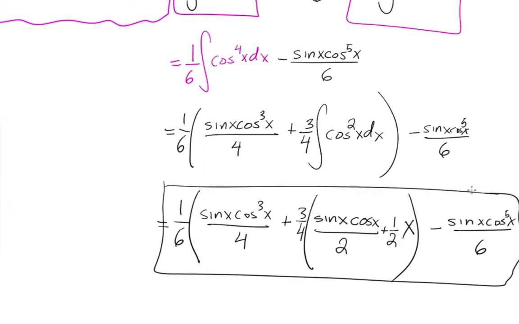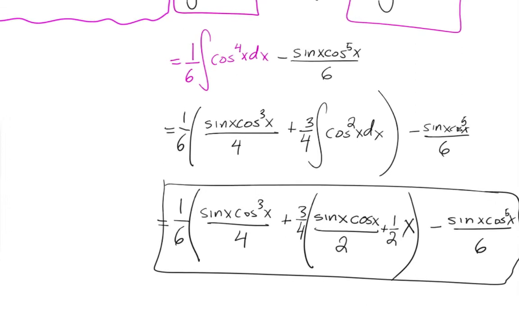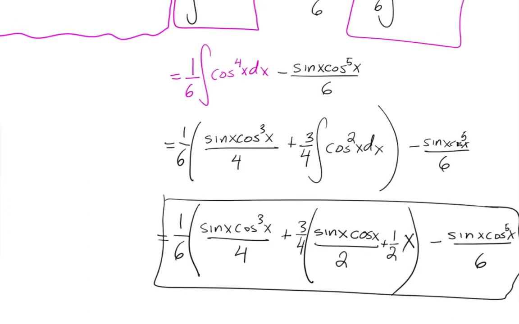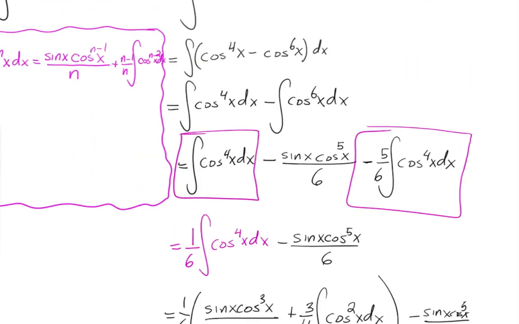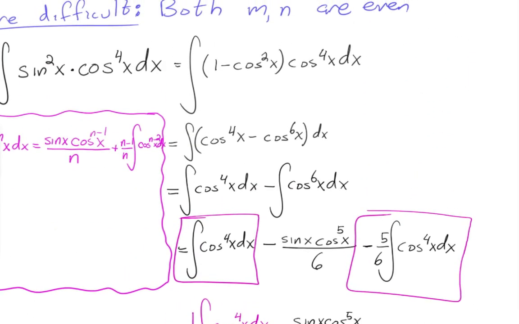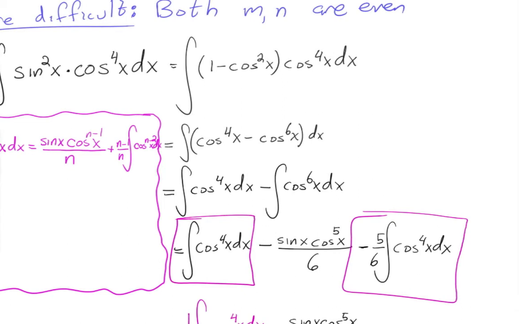Is there a simpler way to get this? No, but, well, there is another way, and this is the way I would recommend you do it when the exponents aren't as large. Let me show you.